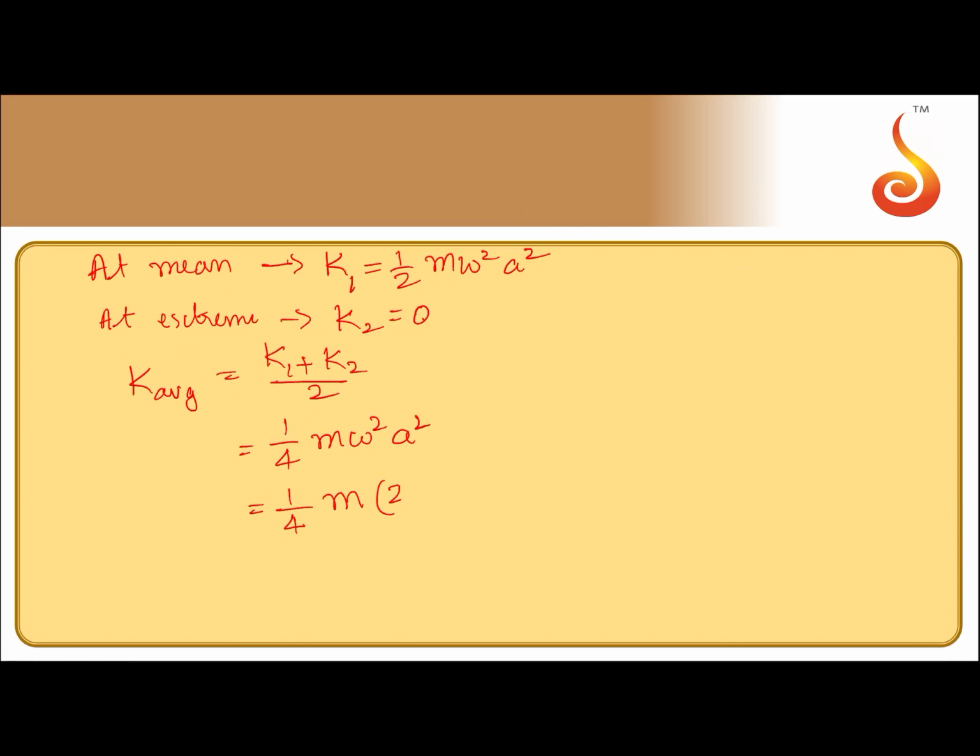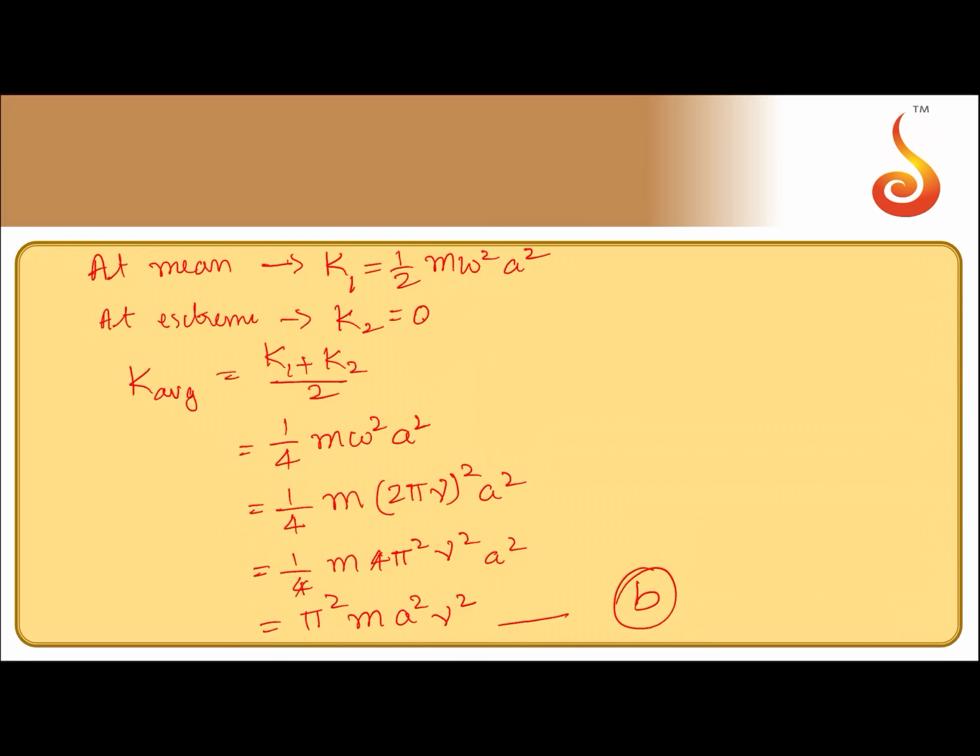So m into 2 pi nu whole square a square. So this will become 1 by 4 m 4 pi square nu square a square. So 4 gets cancelled. You will get pi square m a square into nu square. So that must be option B.